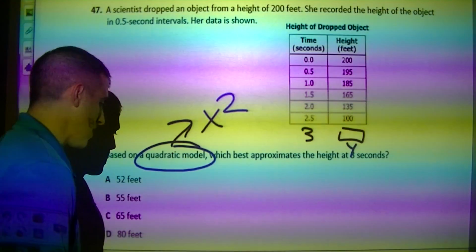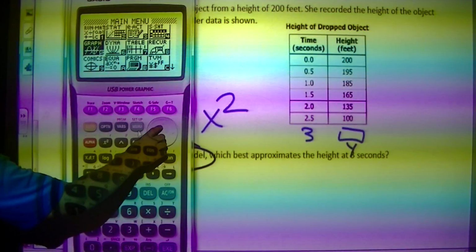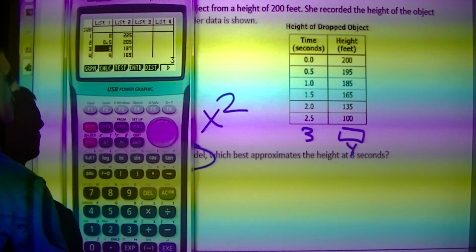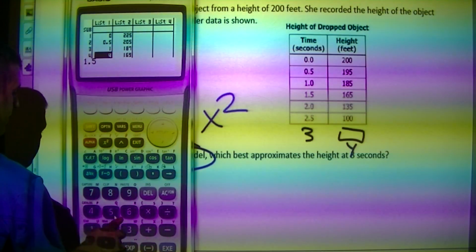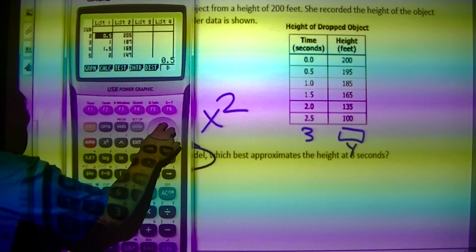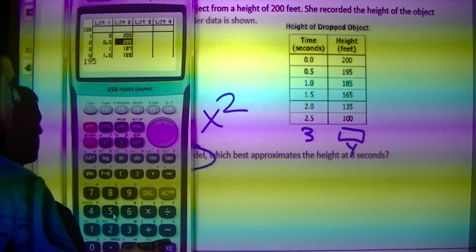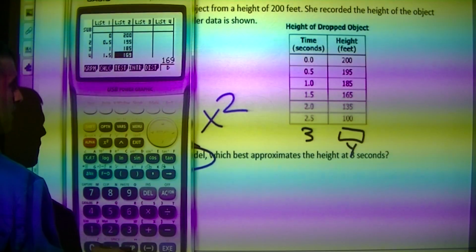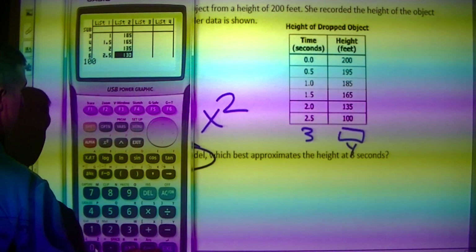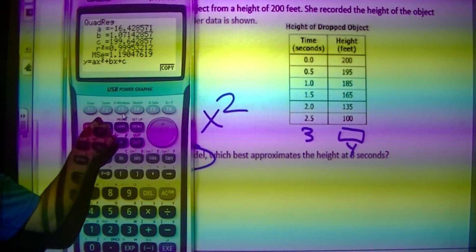So what I'm going to do, very similar to the other problem, I'm going to the menu, I'm going to stat, I'm going to type this stuff in. 0, 0.5, 1, 1.5, 2, 2.5, 200, 195, 185, 165, 135, 100. All right, I want to calc, reg, x squared.